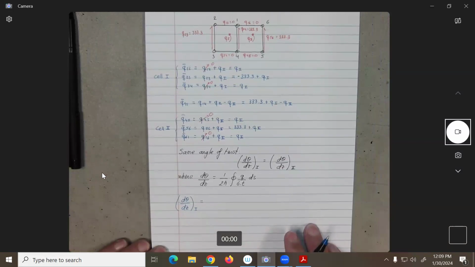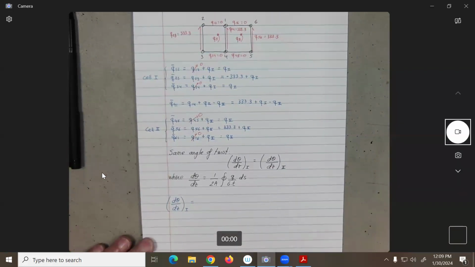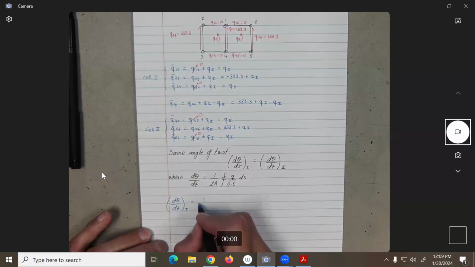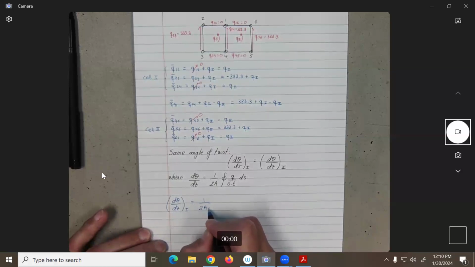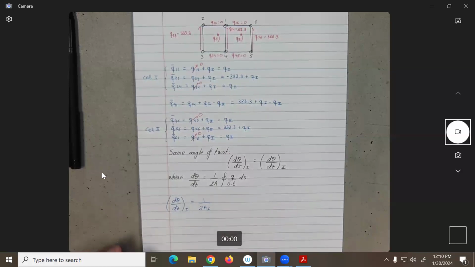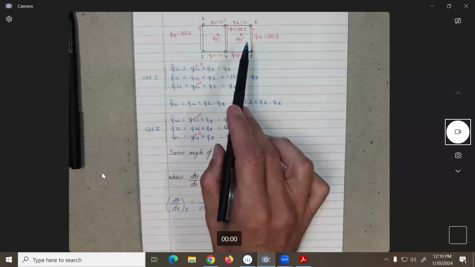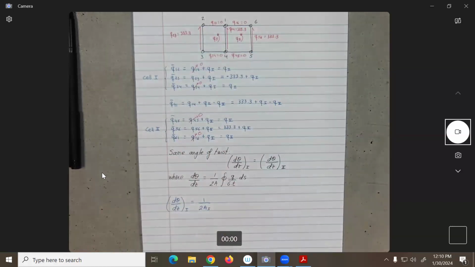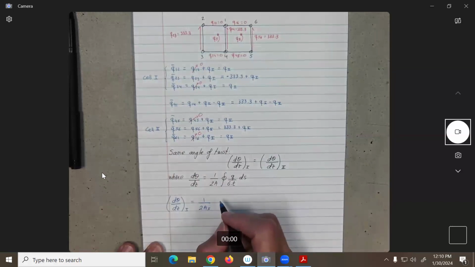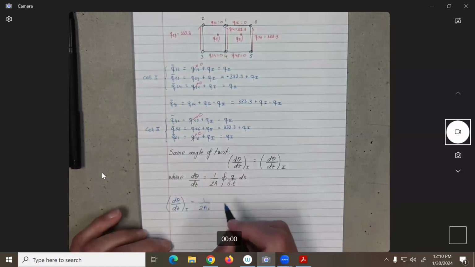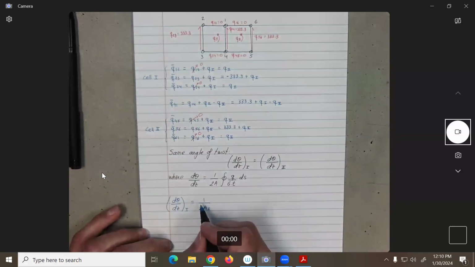So let's see if I can get the figure. I'm going to have to back up over here. So if I write down, it should be 1 over 2a. In this case, the area of the cell 1, 2, 3, 4 will be the same as 1, 4, 5, 6, no? But just in case I'm going to put it this way, so I'll take part of this equation. Now I need to go around. Now, everything out of this one is made of the same material.